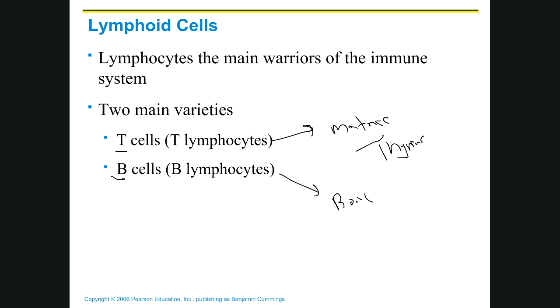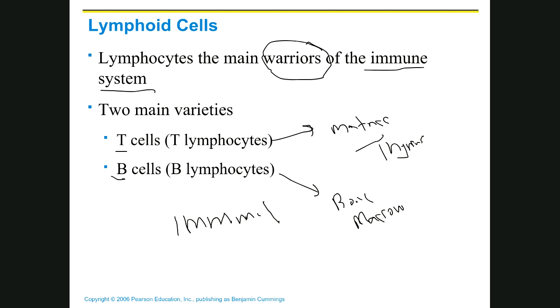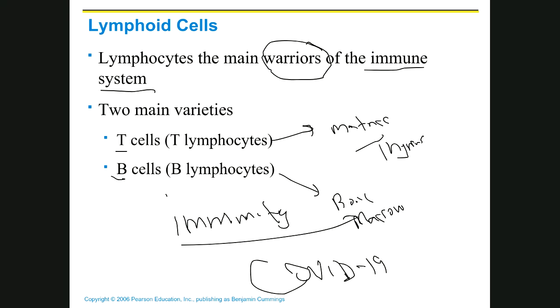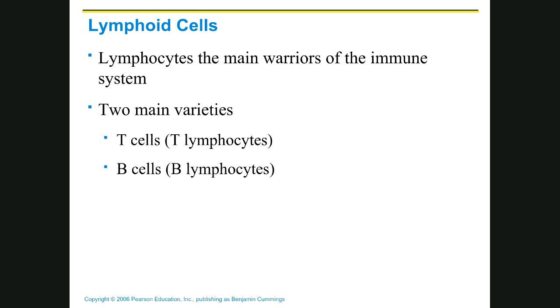Well, we haven't discussed these hardly at all. But these cells are basically the warriors, if you will, of the immune system. And so these are the cells that are going to provide immunity. And there's a whole bunch of talk right now about immunity because of COVID. Whether or not we're going to maintain immunity and so on. There's a whole bunch of talk about antibodies.